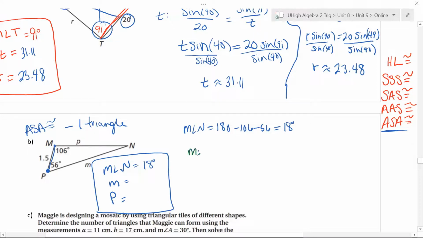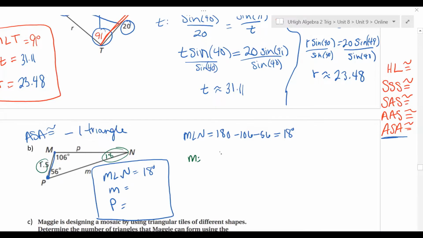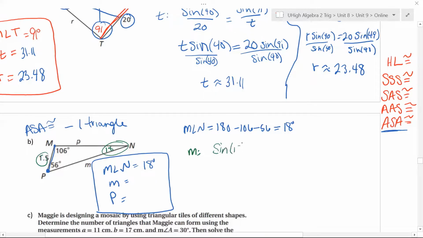So using my law of sines, I want to see, okay, what do I know both the angle and the side length of? Well, I know angle N and I know side length N. So I want to set up one of my ratios using my N values. So the sine of 18 over 1.5 equals, I'm looking at M, so 106. So the sine of 106 over M. I can do cross products.